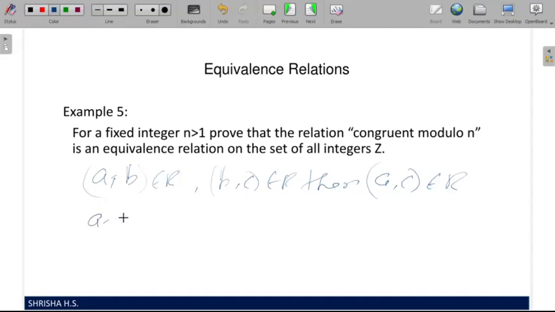Okay, so a minus b equal to nk1, and b minus c equal to nk2.